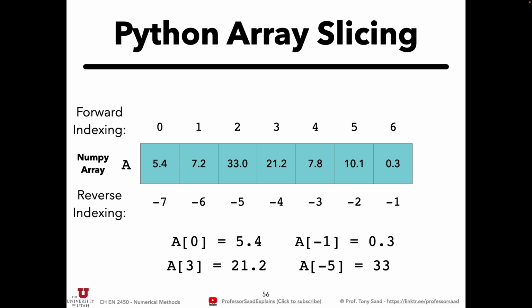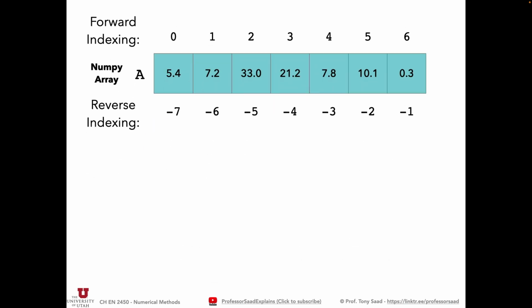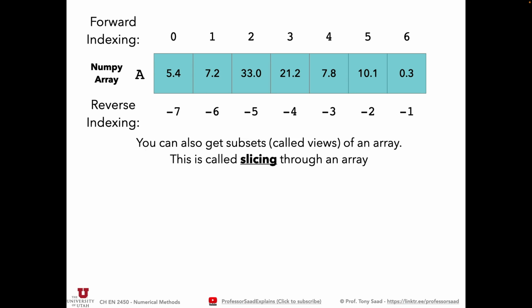Okay, that's pretty cool. We haven't even started. Interestingly, on the reverse indexing, you start at minus 1, not at 0, because 0 is always for forward indexing, minus 1 is for reverse indexing. You can also get subsets of an array.